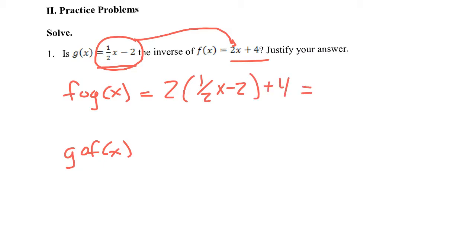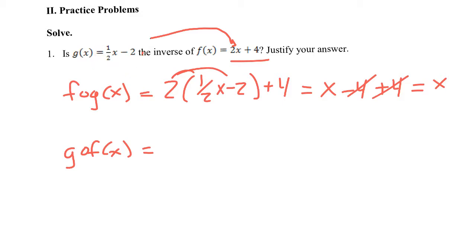So as I simplify this, I would distribute the 2 and get x minus 4 plus 4. Minus 4 plus 4 cancels out, so I just get x. That's a good sign that these are inverses, but we can't stop yet. We've got to go and do the reverse of that as well, and that would be g composed with f, which would simply be f put into g.